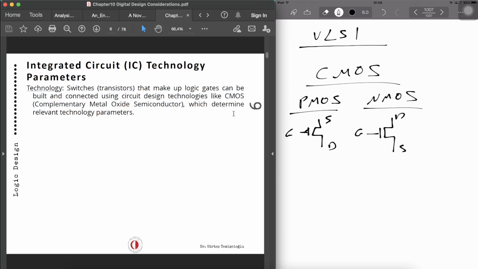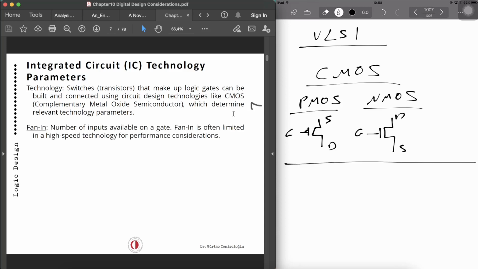Another important metric that we consider when we are doing a design is fan-in. What is fan-in? When you have a gate, you will normally see one or two inputs, or maybe three input gates. You might have a gate with 1, 2, 3, 4, 5 inputs. That's also possible, that's not wrong.